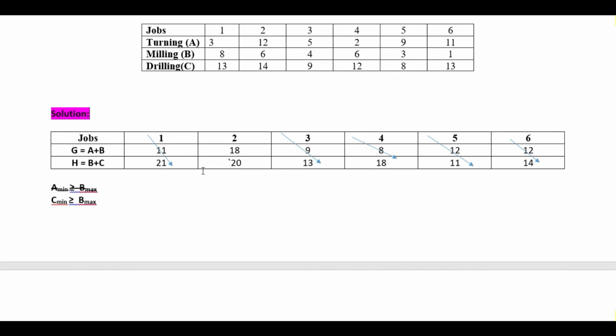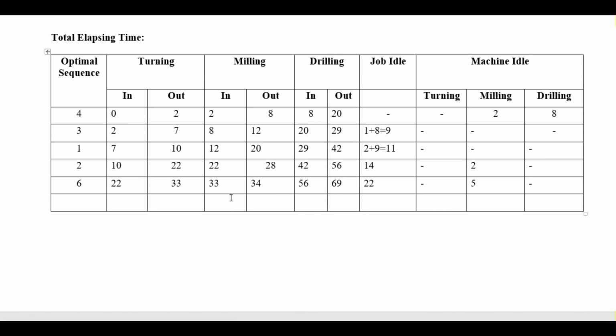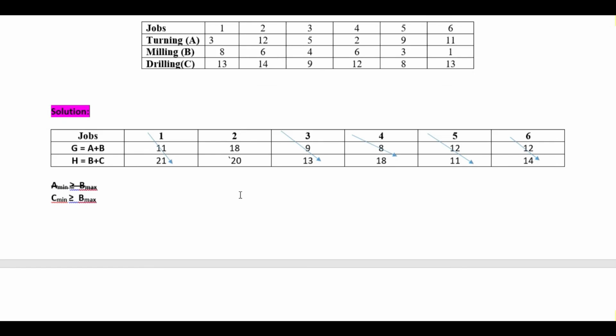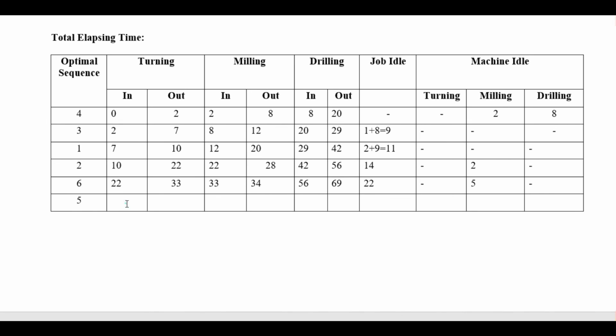The next operation, based on the sequence, will be 5. Next job, the fifth job. For the fifth job, the turning operation takes 9 minutes of time. So 33 here, 33 plus 9, this becomes 42. Here the milling operation is completed at the 34th minute, but the job is only ready at the 42nd minute.